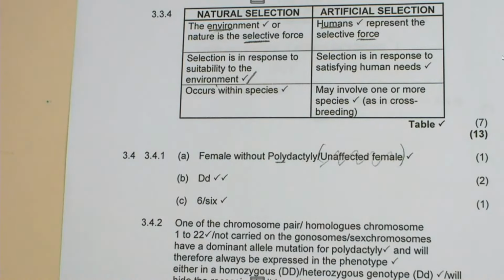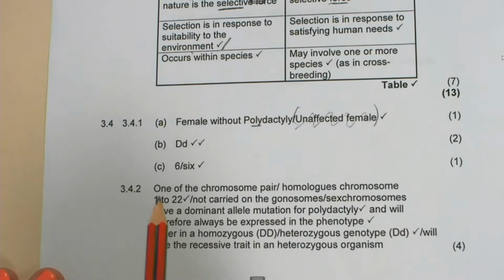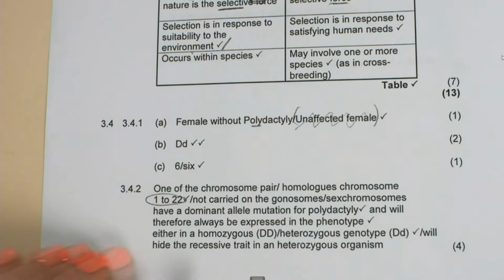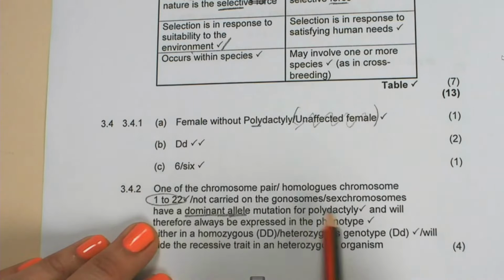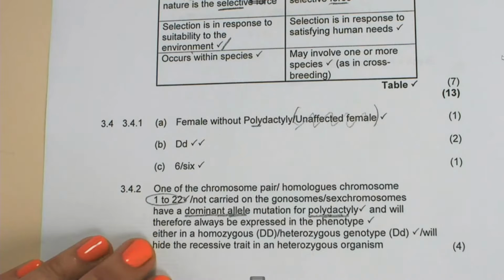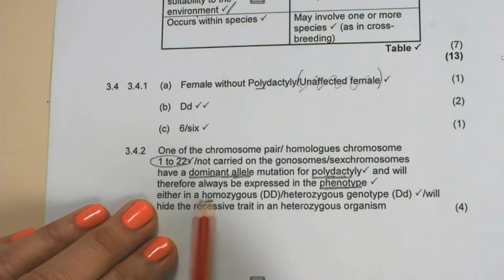Just to test if the learners know how to apply the knowledge on pedigree diagrams. And then the question is, explain what is meant by autosomal dominant gene. So we are allocating a mark if they can say that autosomal chromosomes are from 1 to 22. And now the dominant gene, that mutation for polydactyly, will therefore be expressed in the phenotype only in a heterozygous or homozygous condition.